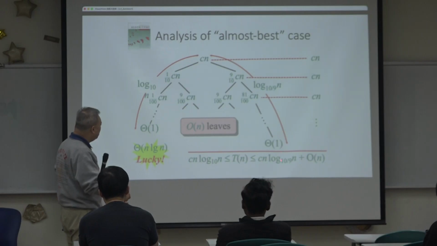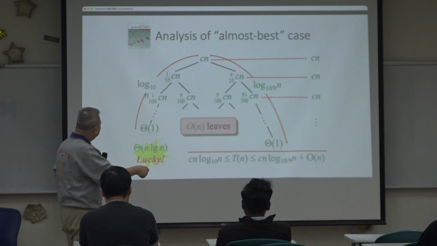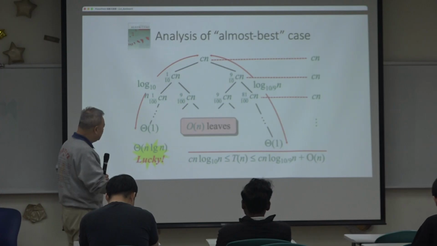The height is log base 10/9 of n, and each level gives Cn, so it's going to be Cn times that height.